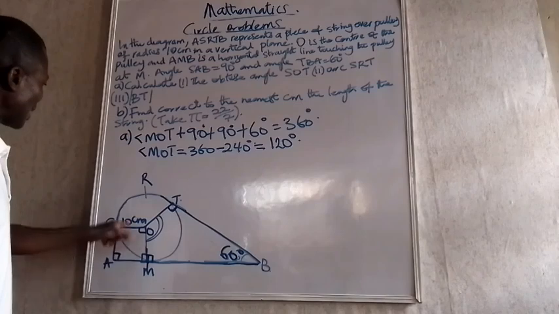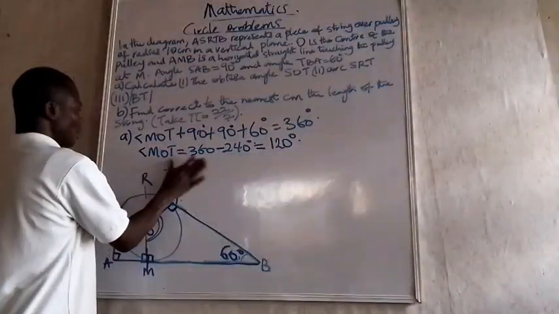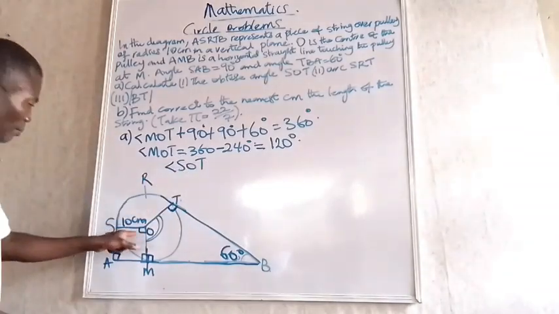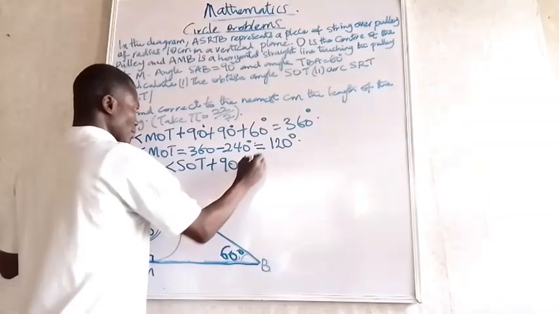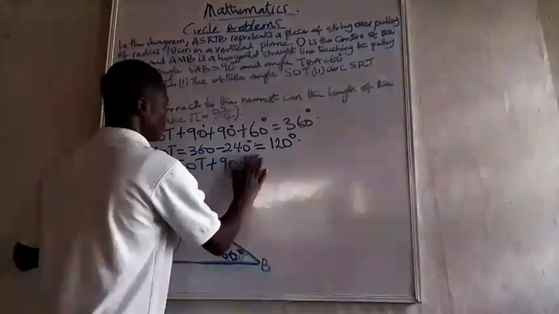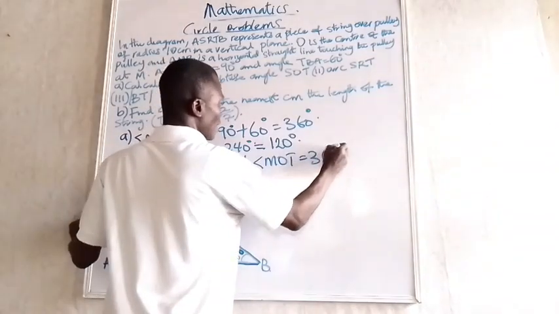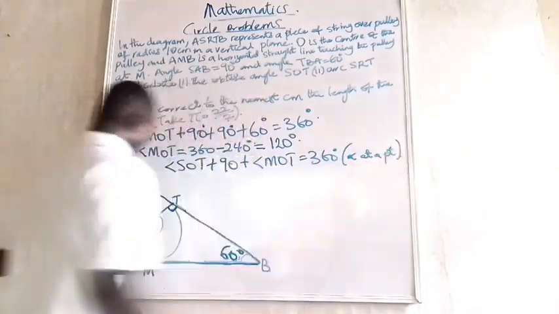Now, for us to find angle SOT, angle SOT, this one here, plus this 90 degrees, plus 90 degrees, plus 120 degrees, angle MOT, is equal to 360 degrees, angles at a point. Look at what I'm saying.